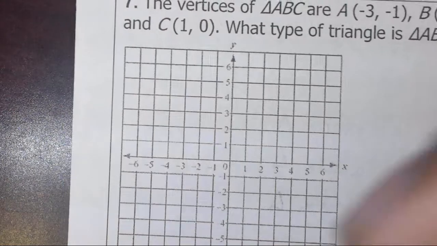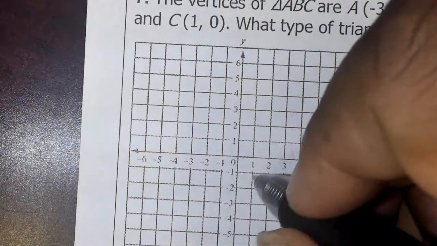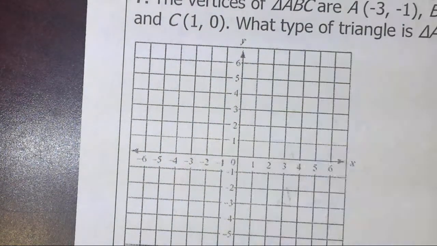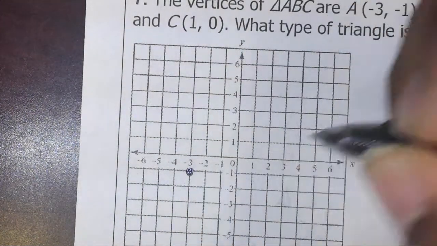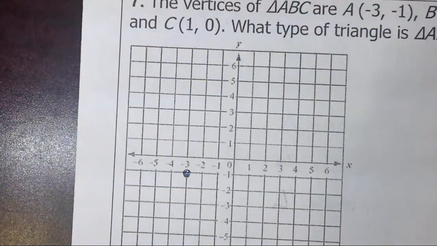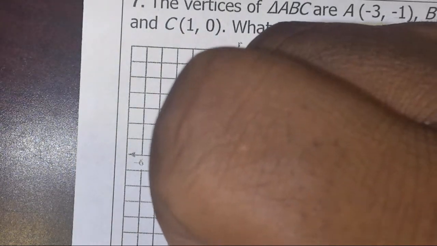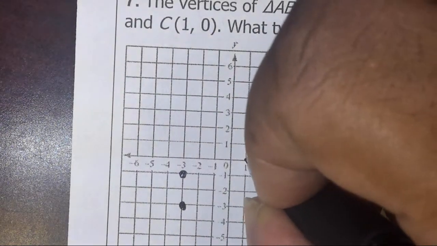Alright, so graph A, -3, -1. B, -3, -3. And then 1, 0.